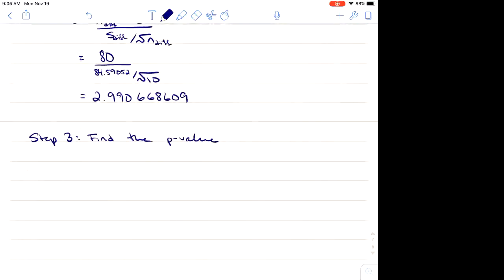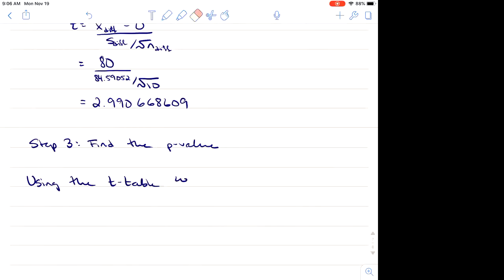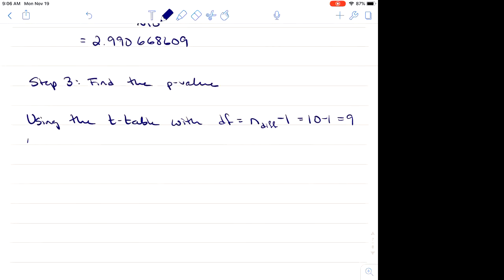And so we say, using the t-table, with degrees of freedom equal to n diff minus 1, which is 10 minus 1 equal to 9 now. We find that the absolute value of t equals 2.991, I guess.